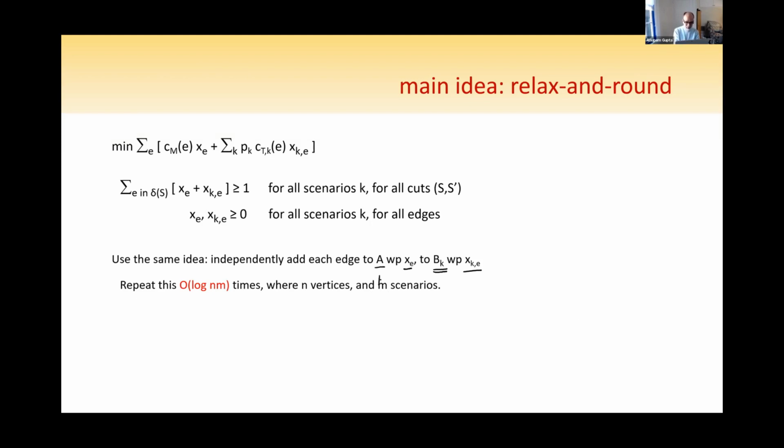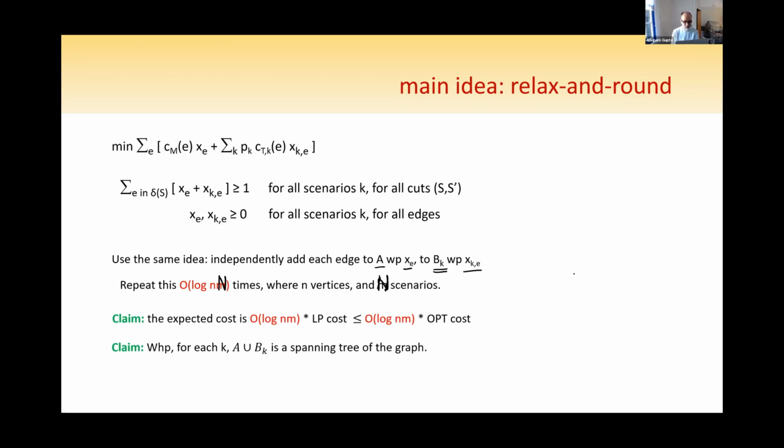Maybe I should use capital N. It doesn't really matter. It's a notational issue. Okay, and the same proof goes through, really. So the expected cost is not much more than the LP cost, which is not much more than the opt cost. And then with high probability, A union B_k is a spanning tree of the graph.